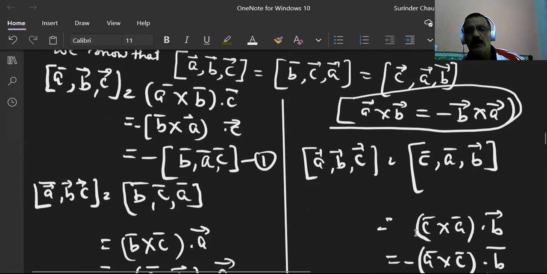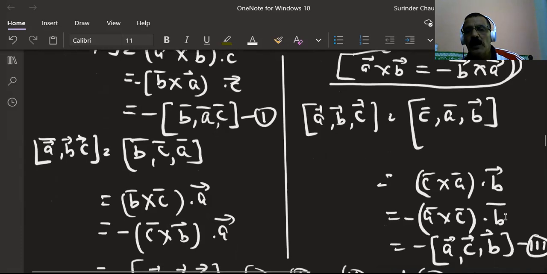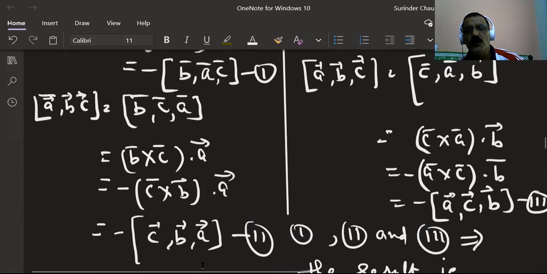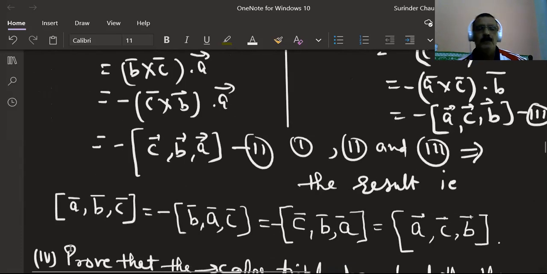Again in the bracket, we'll apply C cross A is equal to minus A cross C. Minus 1 is outside. So minus of (C cross A) dot B can be written as minus of [A C B].